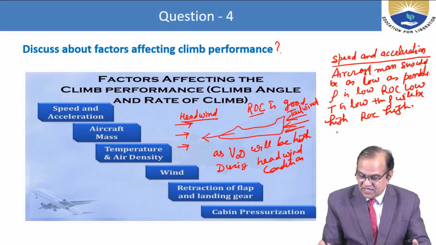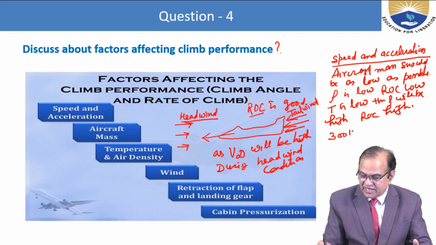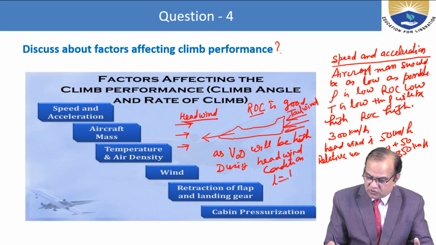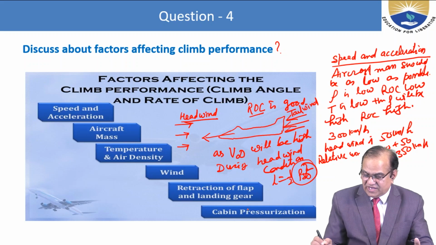Assume that the aircraft is flying at 300 kilometers per hour and the headwind is 50 kilometers per hour, so the relative wind will be 300 plus 50, 350 kilometers per hour. So if you take lift equal to half rho V square, this V is the relative wind, V infinity.